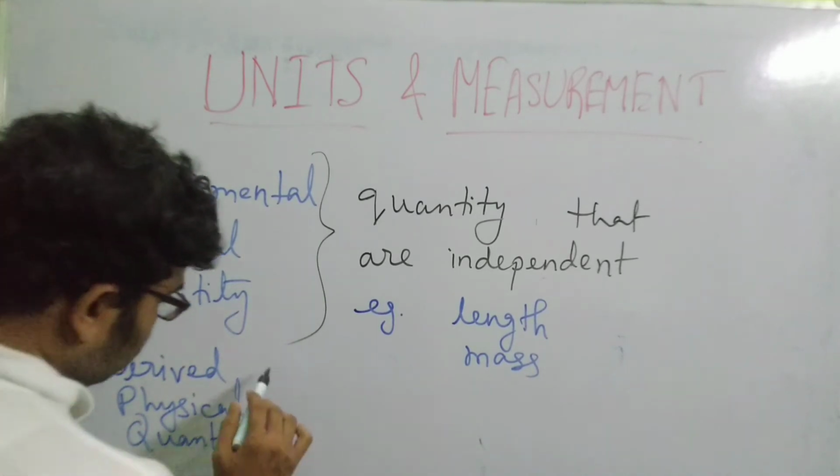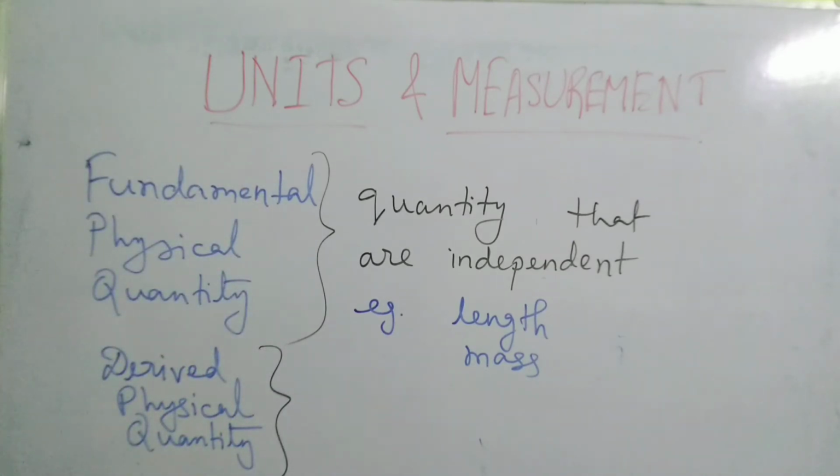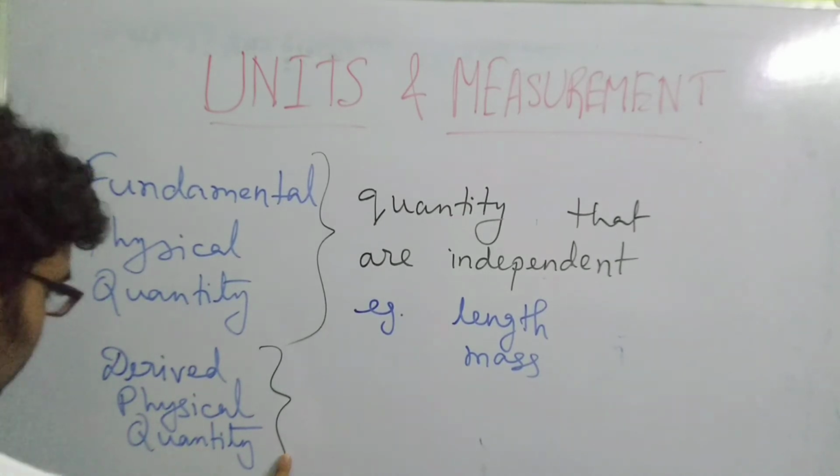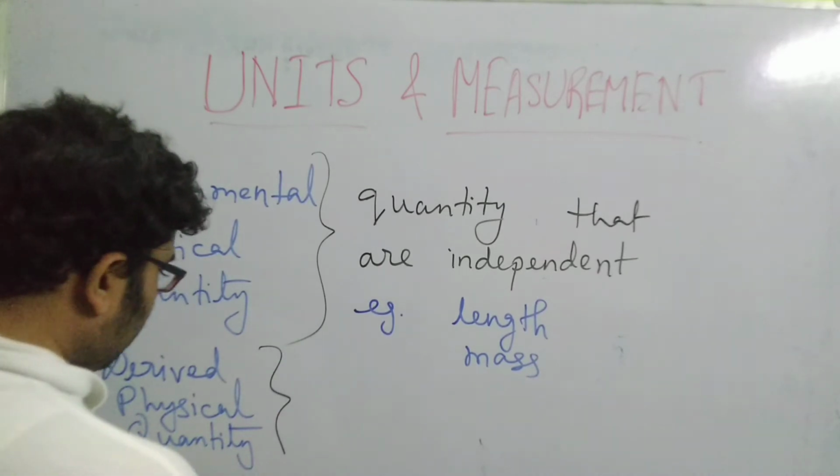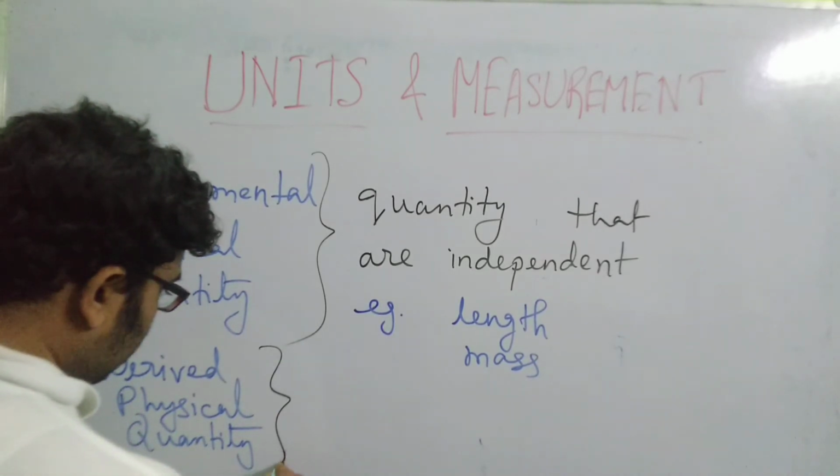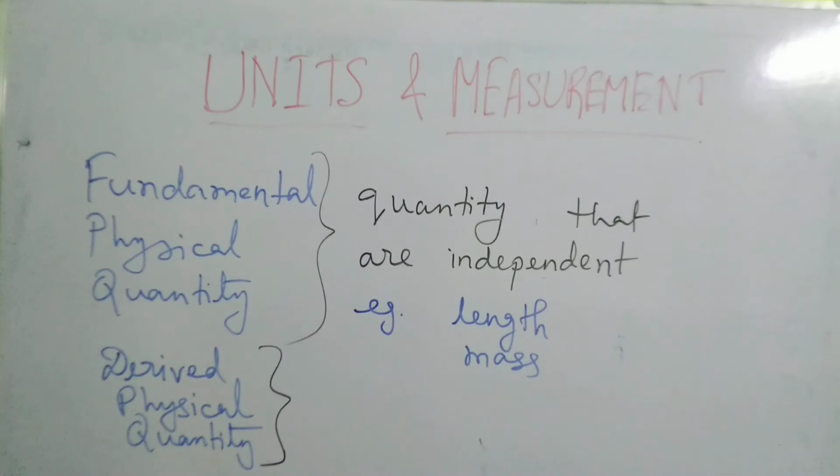So just pause the video and try to answer on your own, and then match the answer with the video. So what is a derived physical quantity? Derived physical quantities are those quantities that are dependent on other physical quantities. They cannot simply be expressed on their own. They need to depend on other physical quantities.